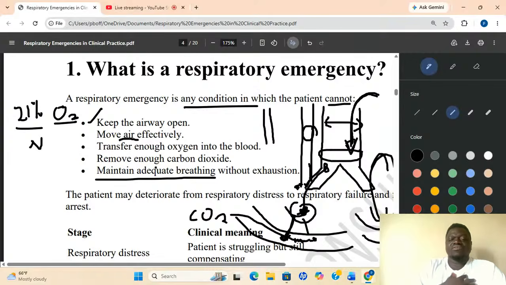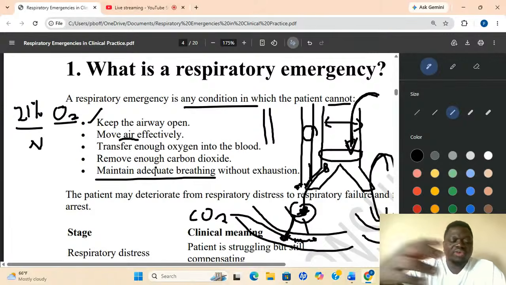The chest moves up and down, up and down. People have respiratory conditions, diseases, trauma, injuries that affect the respiratory muscles and the bones from helping the chest to rise and fall. That is the breathing aspect.